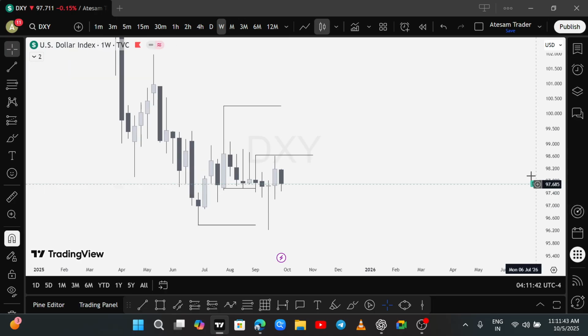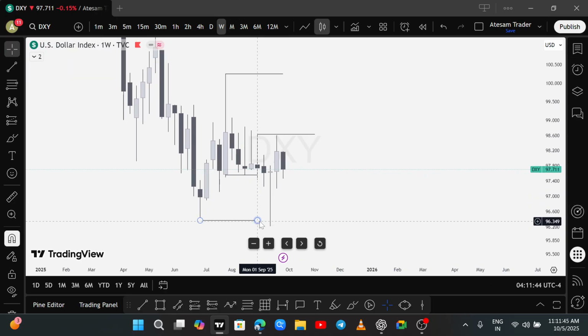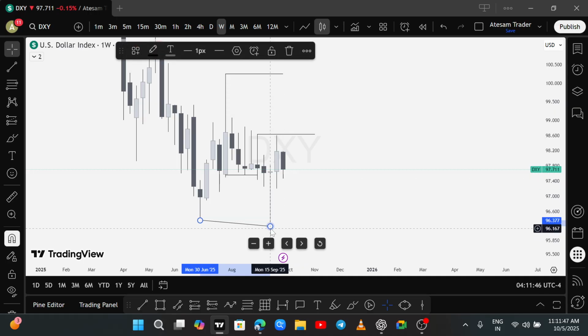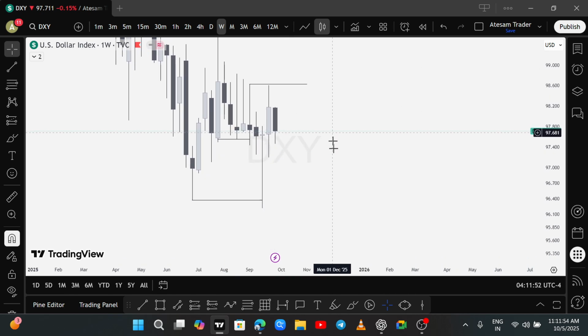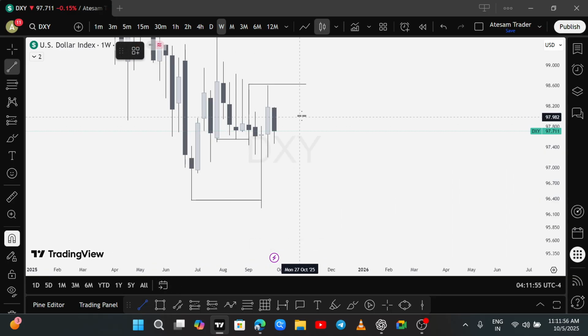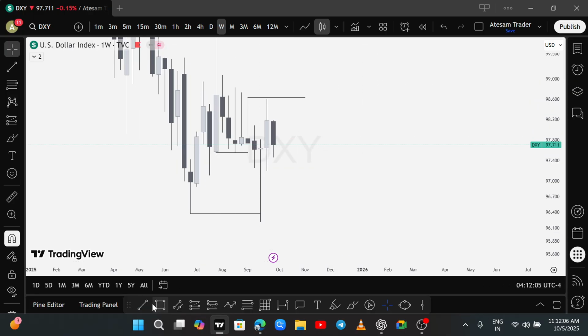Let's come to the weekly. What do we have? Last week we were expecting bullish price, but price didn't expand. What we have here is basically an inside bar, so this candle is inside this big candle. We can still expect a move, but how?